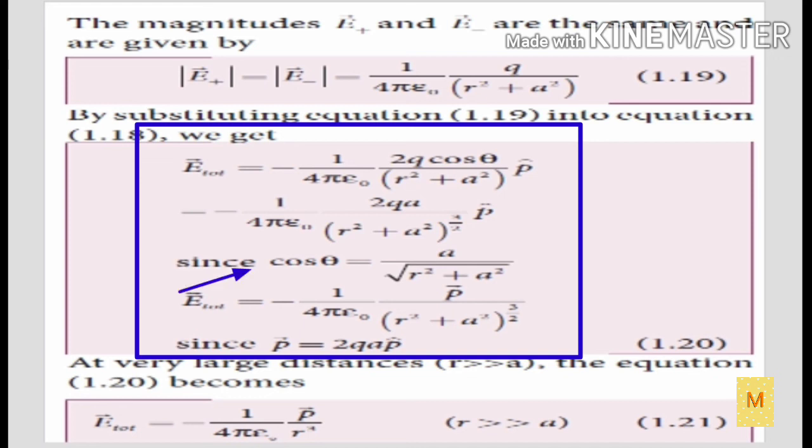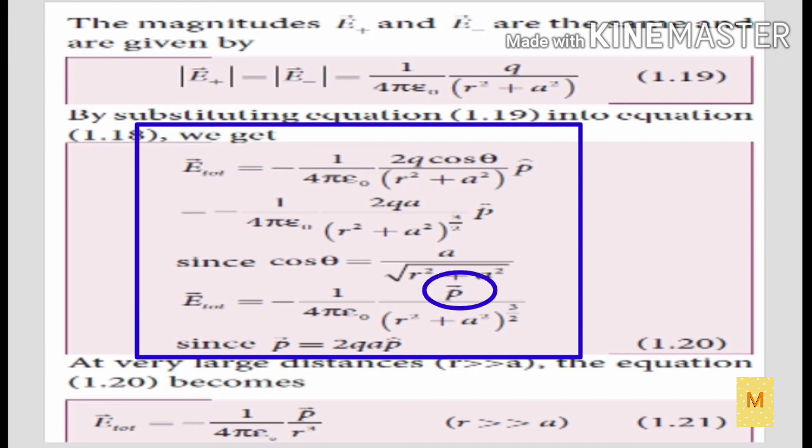Here cos theta is replaced as a by root of r squared plus a squared. Hence the E total vector will become minus 1 by 4 pi epsilon naught into p vector divided by (r squared plus a squared) the whole power 3 by 2.